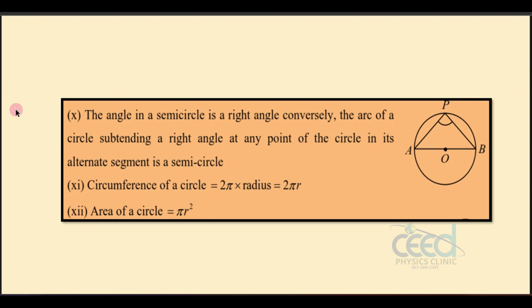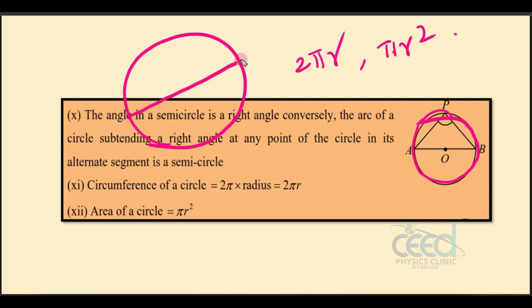Now next thing is the circumference of a circle. What is the circumference of a circle? 2 pi r, right? What is the area of a circle? Pi r square. Now another very important thing, suppose this is a semicircle.